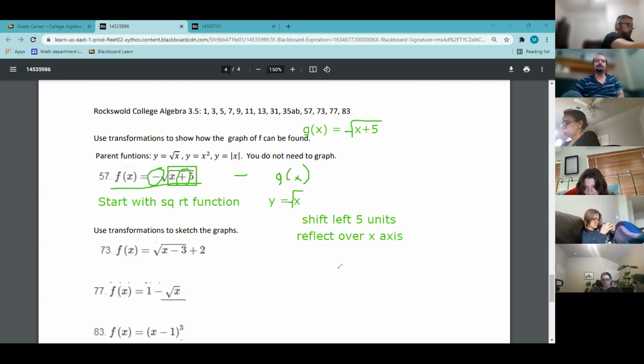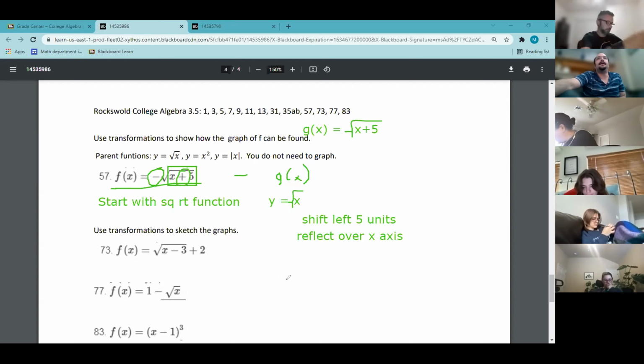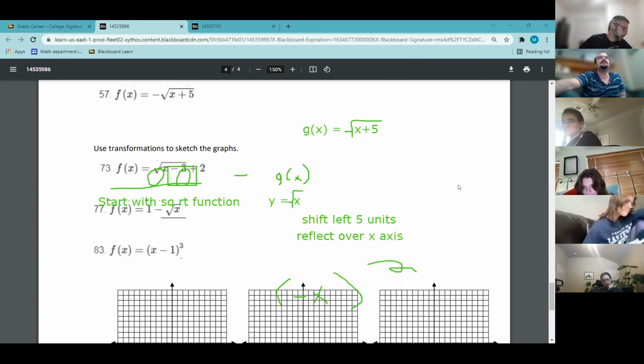I have a quick question about a problem similar to this. If that negative sign was inside of the square root, that means we cannot do the problem, right? Didn't it say something like that? Or they do like a negative x. I'm not sure if they're doing negative or reflections over the y, because I don't remember seeing any examples in your notes.